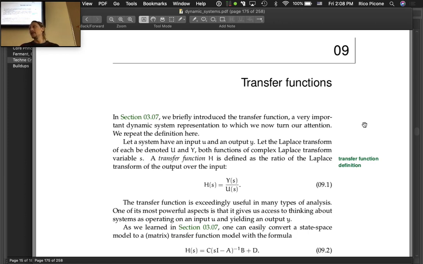And there are nice shortcuts, like Norton and Thevenin equivalent sources. We're going to revisit that in this general form for transfer functions, for generalized systems of many varieties, not just electronics. It's pretty cool. It's chapter 10, so we'll spend about next week on that.